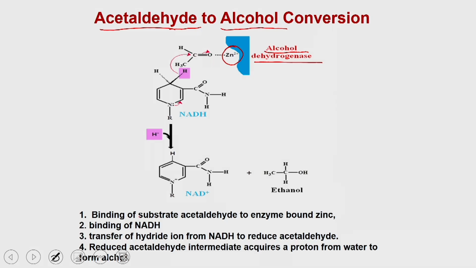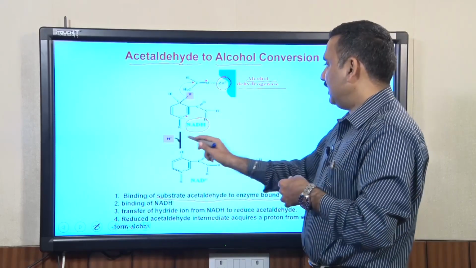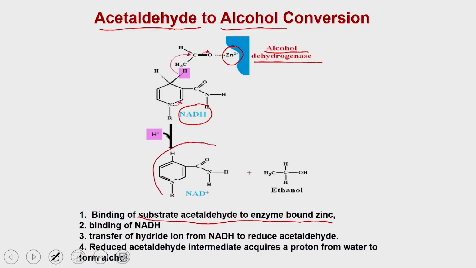So in the first step the substrate acetaldehyde is binding to the enzyme bound zinc with a coordinate bond, and then the NADH is also binding to the enzyme in the second step, and then in the third step there will be a transfer of hydride ion from the NADH to reduce the acetaldehyde, and once the acetaldehyde is reduced, it generates an intermediate, and that intermediate is getting the proton from the water molecules, and ultimately the NADH is getting converted into NAD plus, and the acetaldehyde is getting converted into the ethanol.